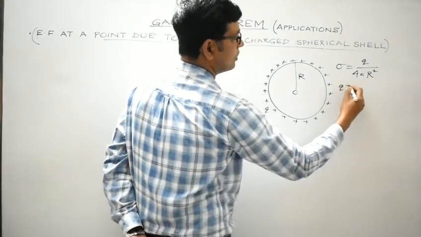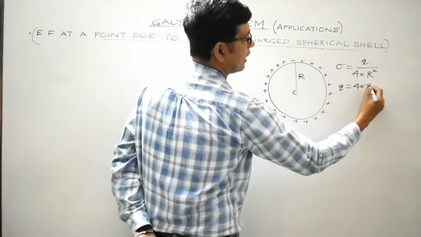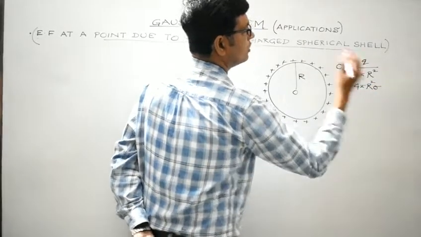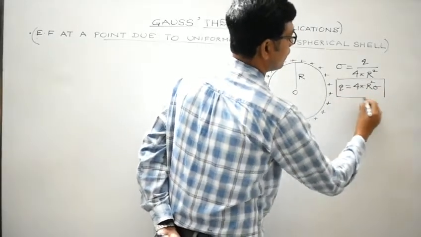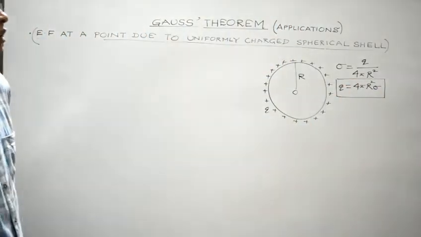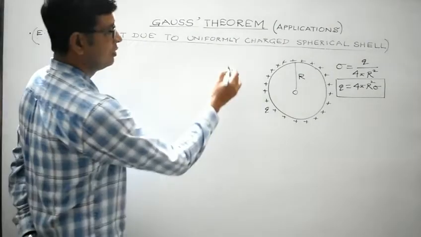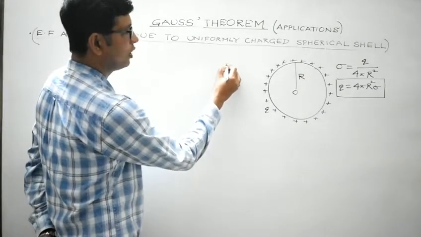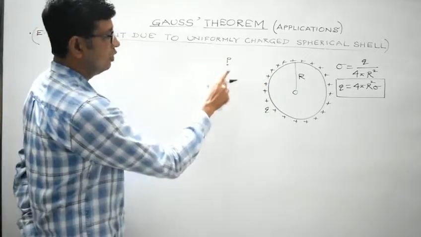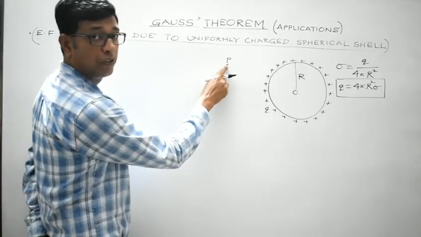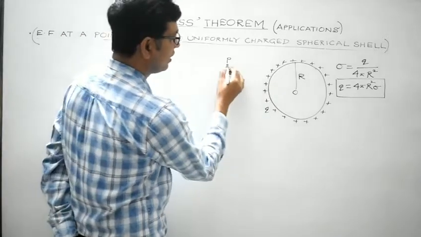So charge can be written as 4 pi capital R square into sigma, right? So this is the net charge. We need to find the electric field at point P, which is lying outside the spherical shell. So let us assume the distance of this observation point from the center of the spherical shell be small r.